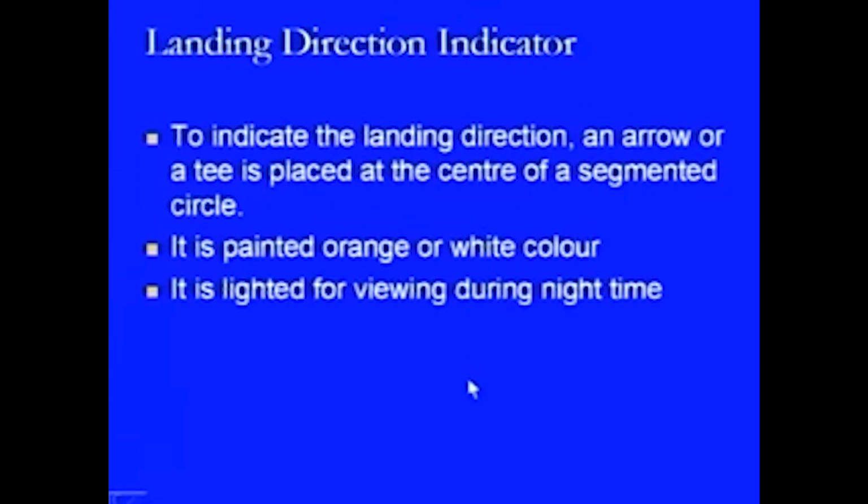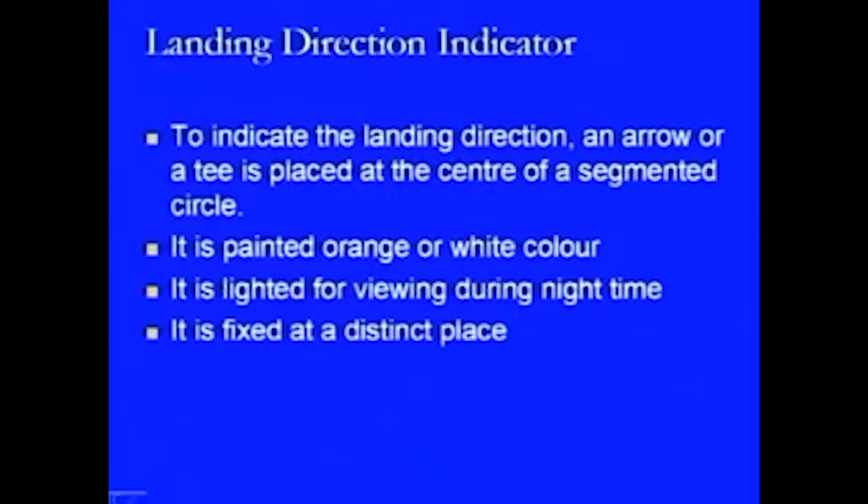It is lighted for viewing during night time. So, all these indicators are provided with a lighting system, so that the pilot can locate these landing direction indicators during the night. They are fixed and they are at a distinct place.